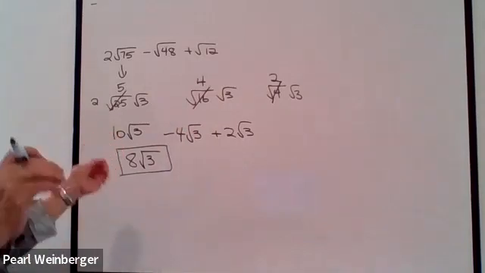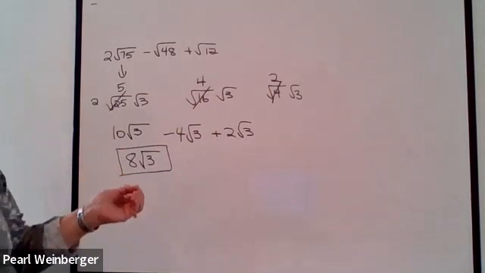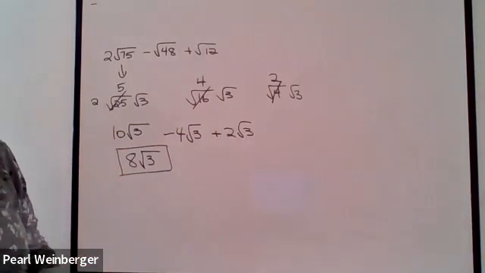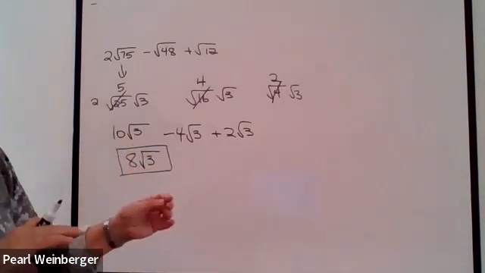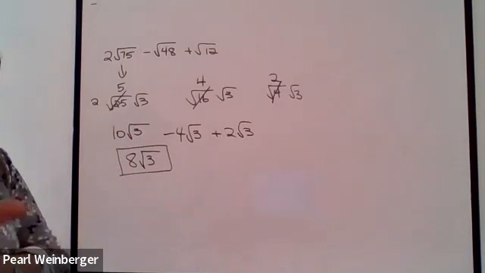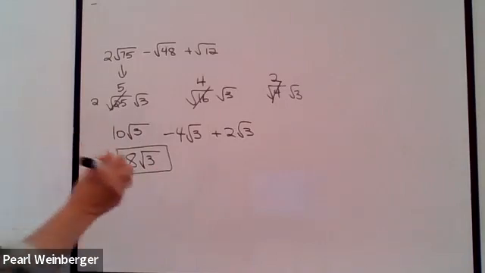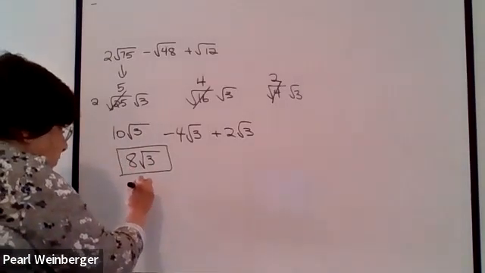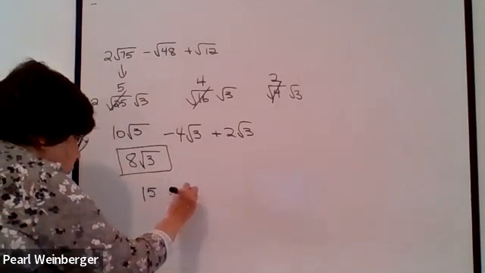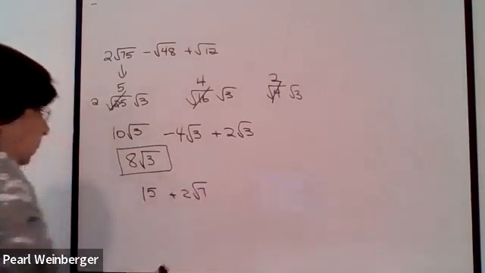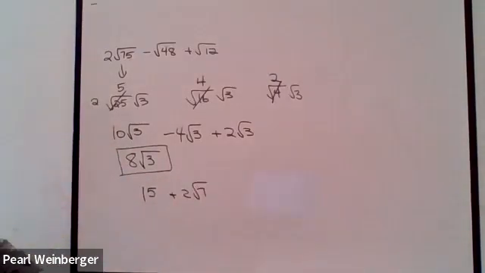If 2 of them were alike and the other one was different, then you could only combine the 2 that are alike. And if you have some numbers in radicals and some numbers without radicals, in other words, if I have 15 plus 2 radical 7, I cannot combine those.